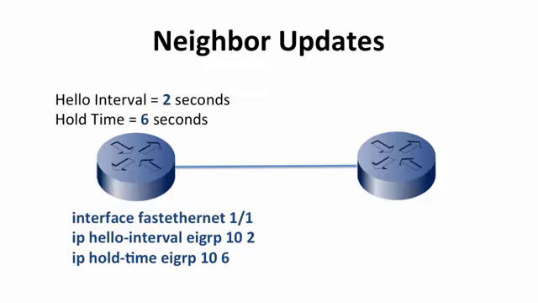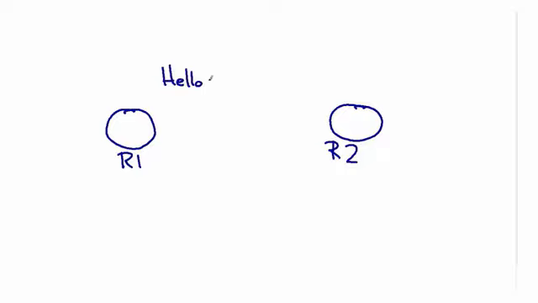And let's actually draw this out. I think it'll make a lot more sense for you. So here we have router 1 and router 2. And we have set router 1's hello interval to 2 seconds. So every 2 seconds, we will be sending a hello message over to router 2.